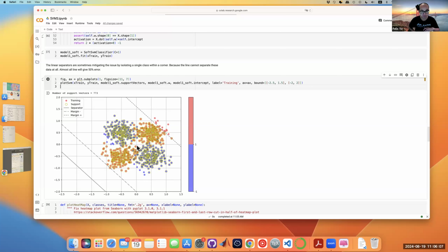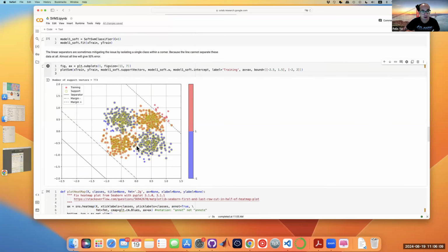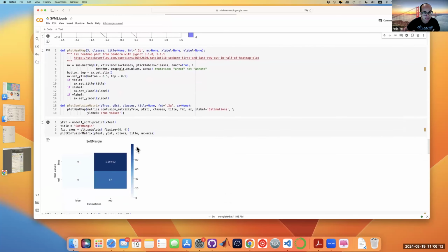one color. So let me show what the result is right here. Basically everything is being classified as red, right? So most of it will just be wrong, because nothing is being estimated as blue, and everything is being estimated as red.